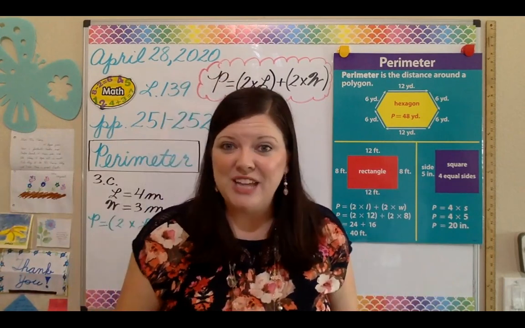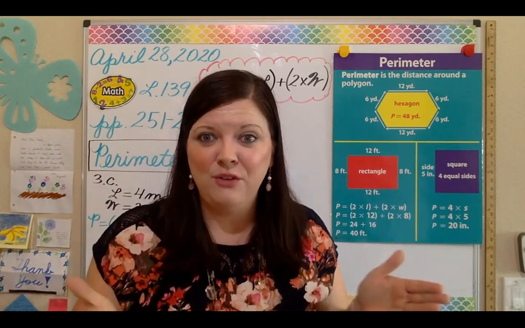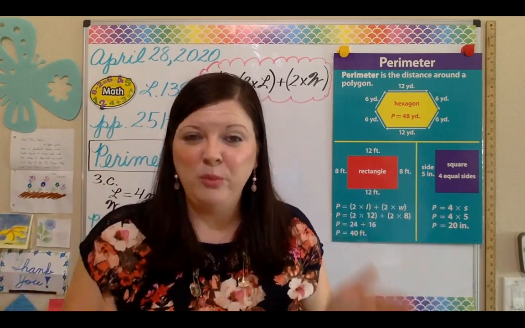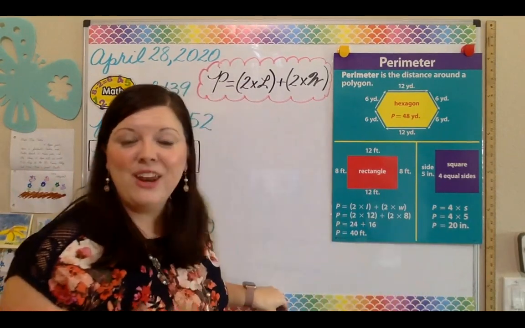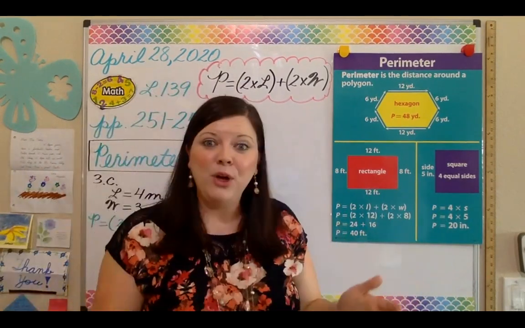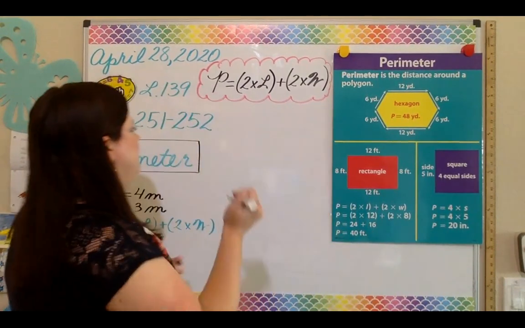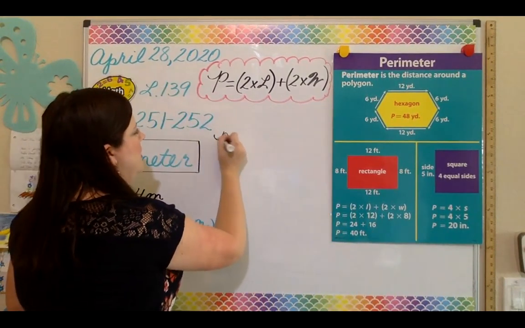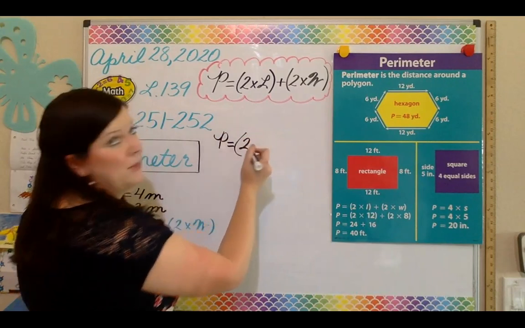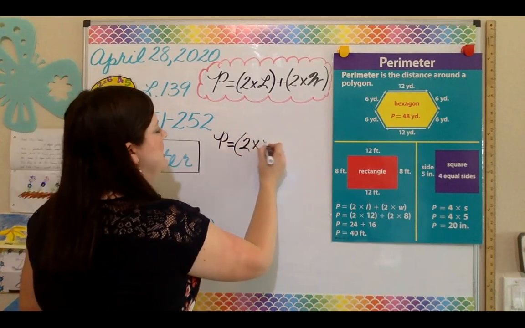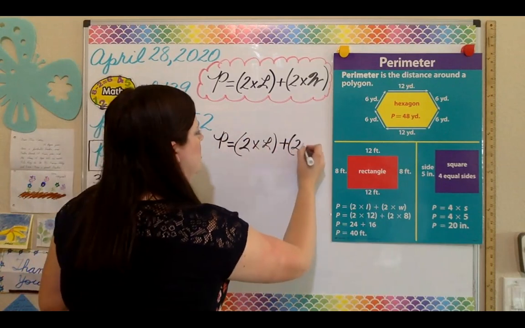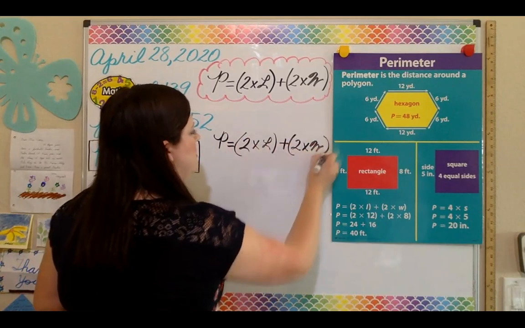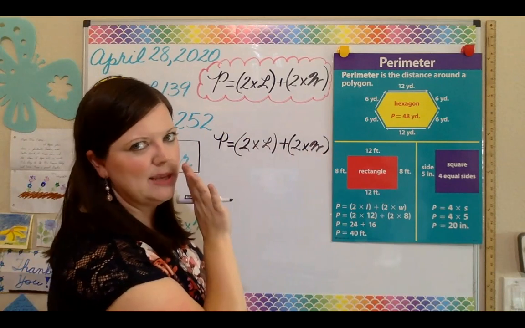So our first step is to write our formula first. What's our first step? Write your formula first. Let's go ahead and write our formula on either our book or a scratch sheet of paper. P equals, parentheses, 2 times L plus, parentheses, 2 times W. My hands are busy, so that's why I said parentheses.